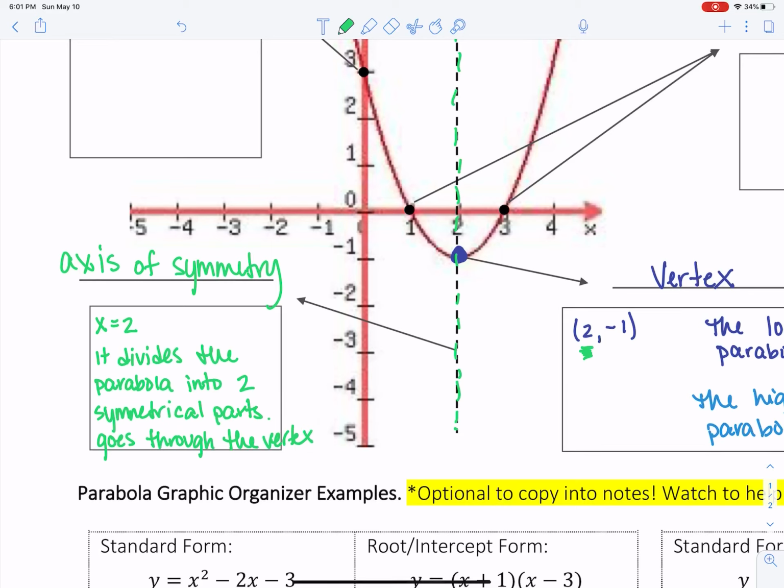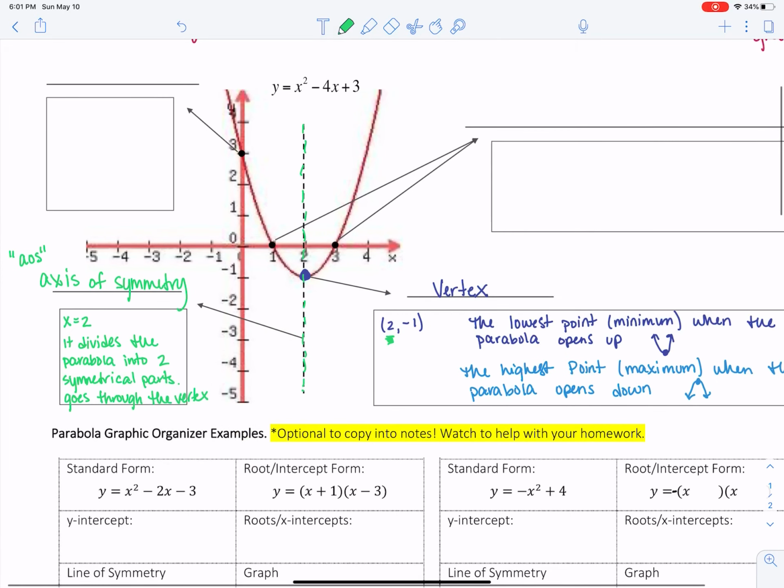So it's this dashed line that goes right down the middle. Now, sometimes we refer to our axis of symmetry as AOS, just some shorthand there, but you can make a note of it. So those are our vertex and our axis of symmetry. Very important parts.